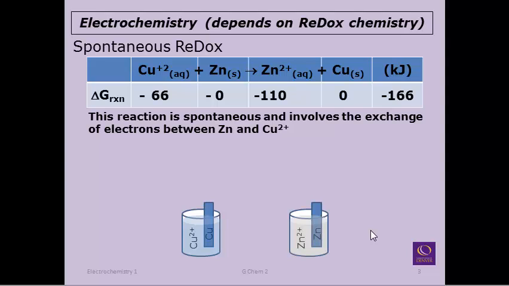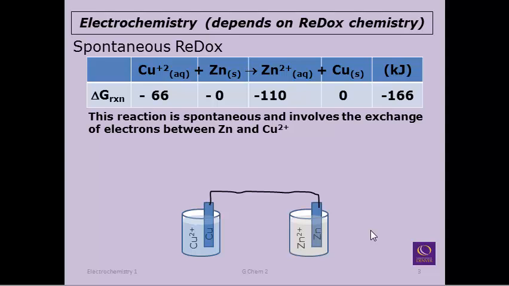We think of these reactions happening in the same container, but a lot of times in electrochemistry, though not always, you separate the reactions into two separate containers and then just connect them with a conductive circuit or wire.